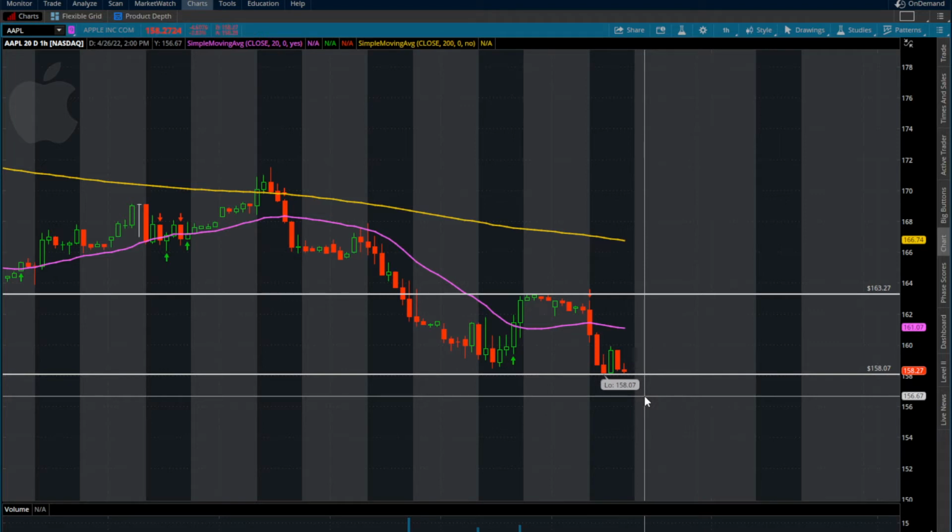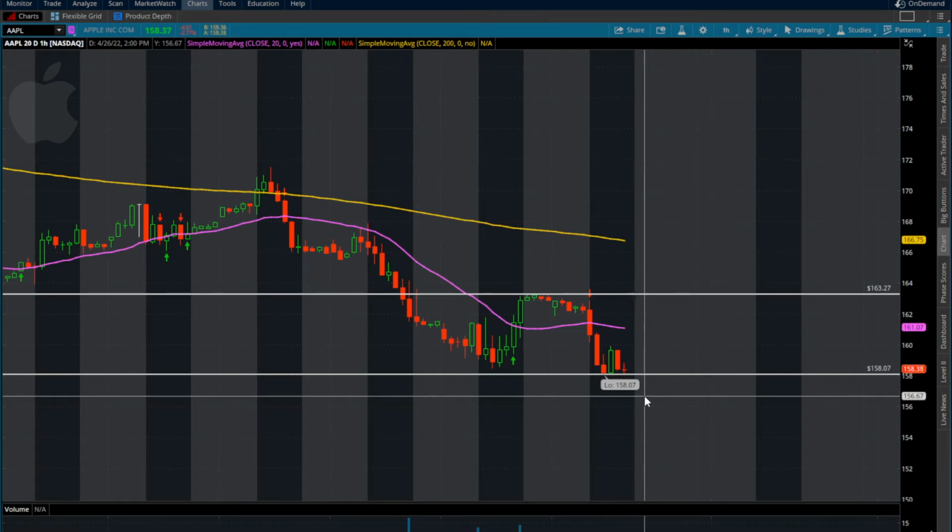Now, here's what I want to get into. How can you play this to the flip side? Well, being that we have held this area for multiple hours intraday, 3 hours to be exact, if Apple does hold this level and the market starts to recover a little bit, because stocks are not always going to go straight down. There are going to be ups and downs along the way to the end of the road, right?